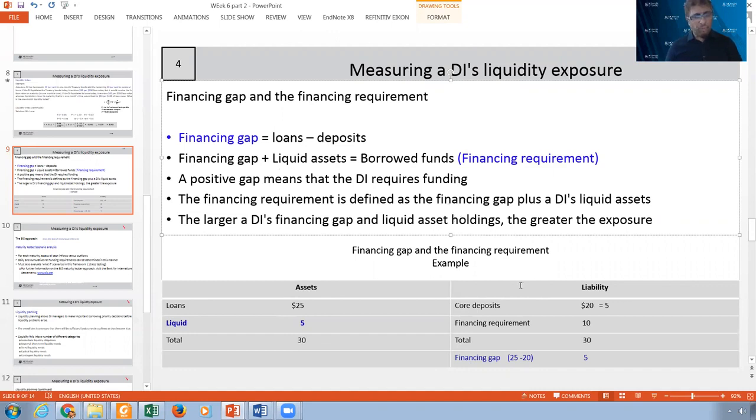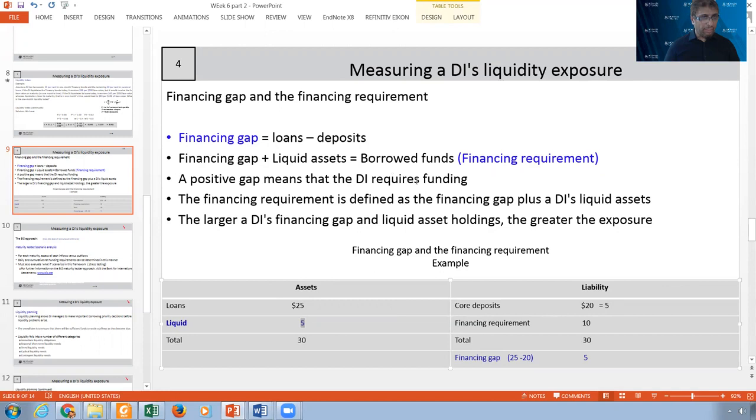Now when I want the financing requirements, I will have some type of liquid assets. So actually I need to add my liquid assets to the financing gap. So my financing requirements now, which is a new term, which I need to borrow, will cover the financing gap, which is the difference between the two, plus the liquid assets I wish to hold, because I need to have liquid assets.